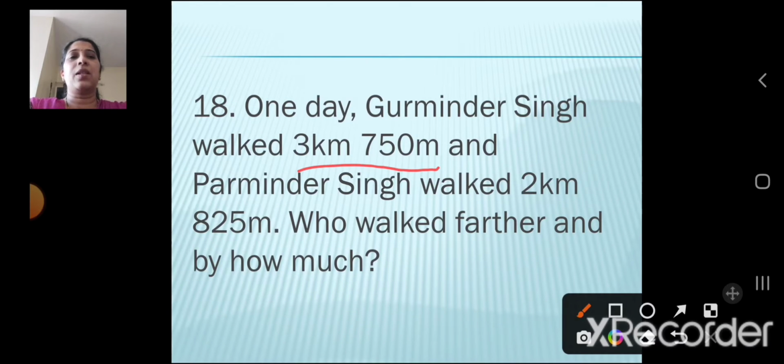And Parminder Singh, he walked 2 km and 825 meter. So we have to find out who walked more, and by what distance we have to find out. So we are going to carry out subtraction.